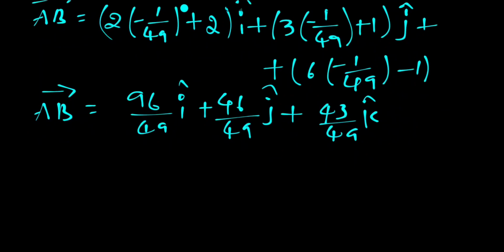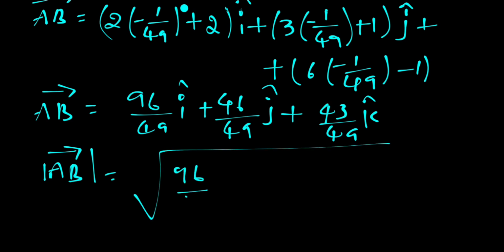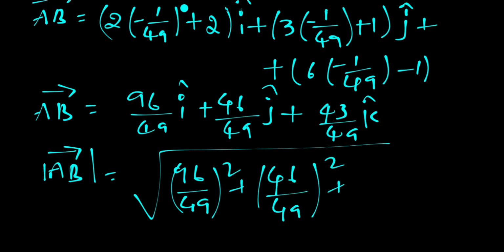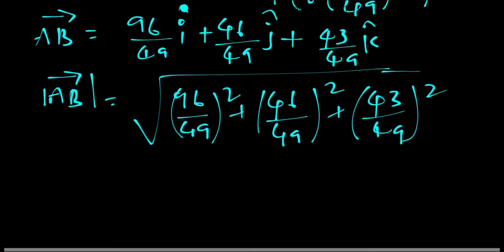Length means we have to find the magnitude. AB bar is equal to square root of 96 by 49 whole square plus 46 by 49 whole square plus 43 by 49 whole square. Total simplification we have to make here.